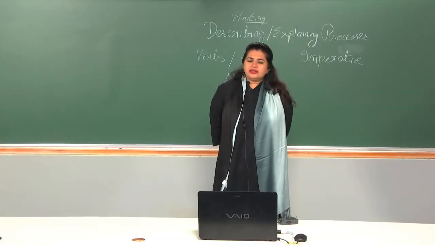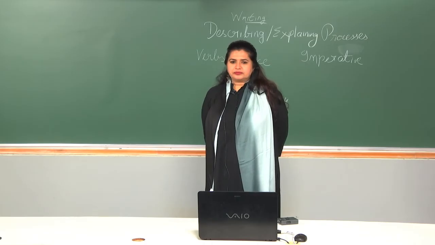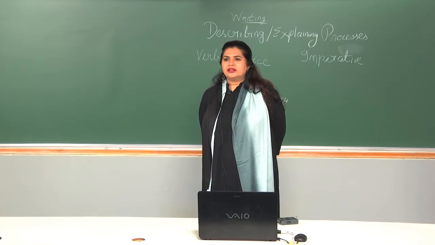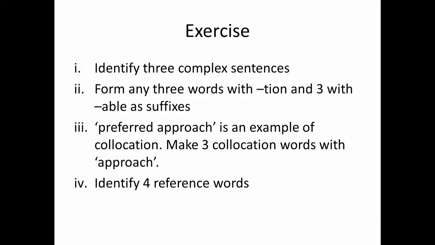Now, based on this passage that we have just seen, dilution and settling, I would like you to do some exercises. Please look at the slide. Identify any 3 complex sentences. Next, form any 3 words with tion and 3 words with able as suffixes.